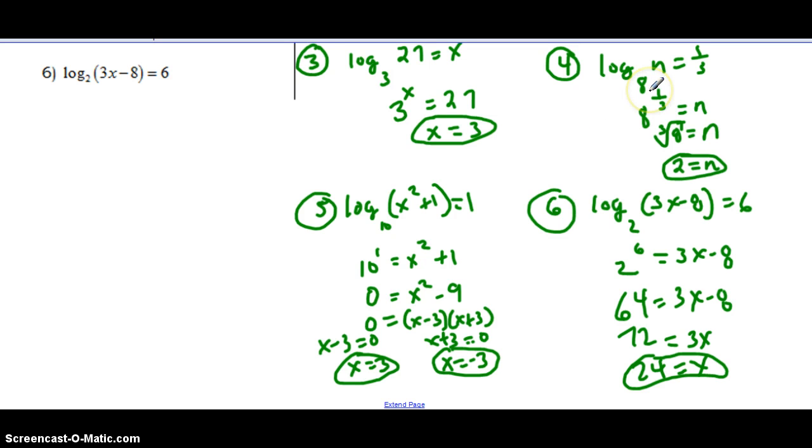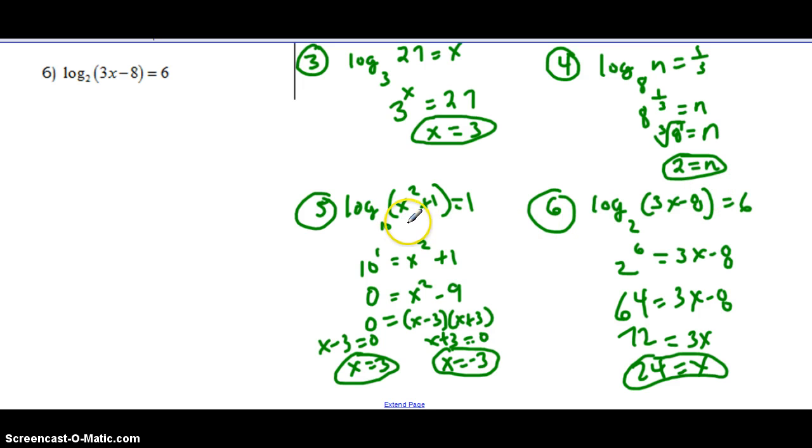For number 4, remember you convert to exponential. So 8 to the 1/3 power is equal to n. Remember 1/3 would have an index of 3, so the exponent over the index of 3. So the cube root of 8 would be equal to n, and n is 2.